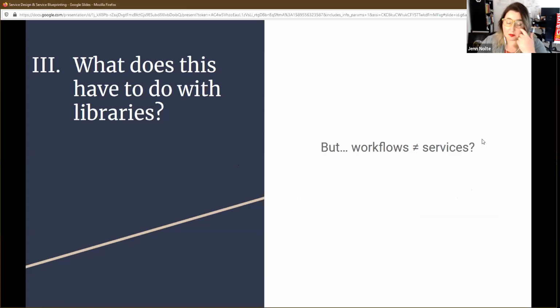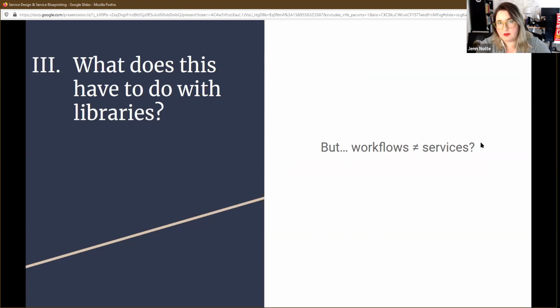But workflows are not necessarily services unto themselves, right? So I mentioned several different workflows that might go into a particular service, right?